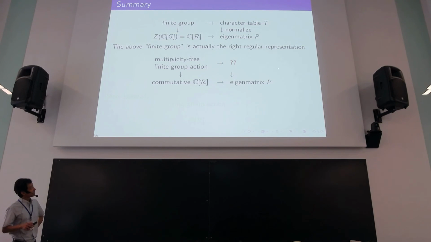Then what is the relation to something which I didn't describe here? Well, this is not the character table. It is some kind of numbers which should be obtainable from the permutation representation without talking about association schemes.